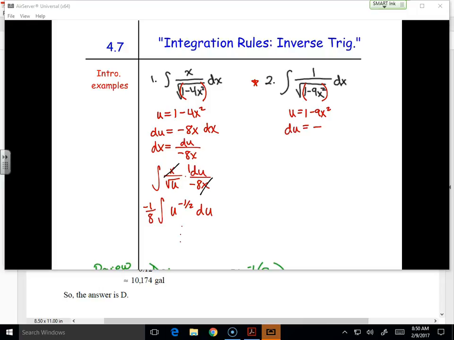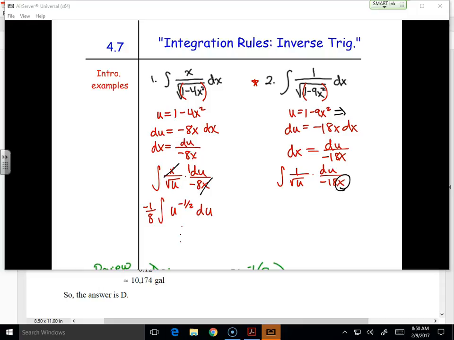When we go to do du here, don't we get an x again? When we try to find dx, how's this looking? When we go to plug in, some of you would be amazing and say, nah, this isn't going to scare me away. I know what to do if I have extra x's.